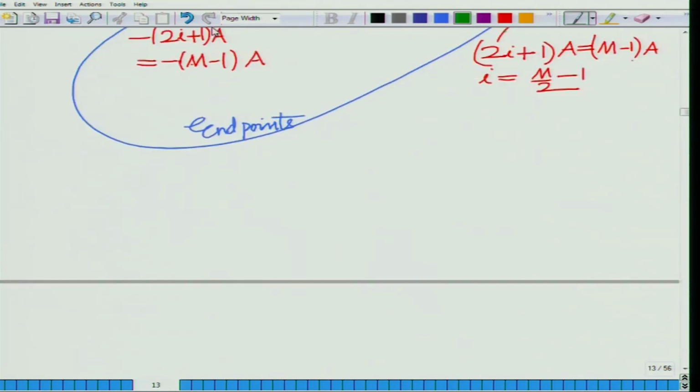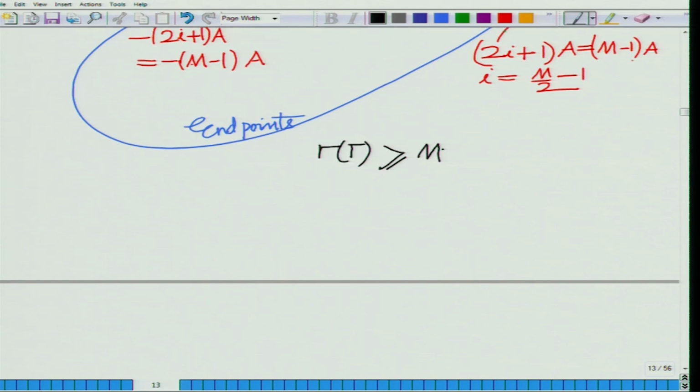So, the final set of decision rules will be as follows. Let us write it consistently; we cannot write equal to at both places.